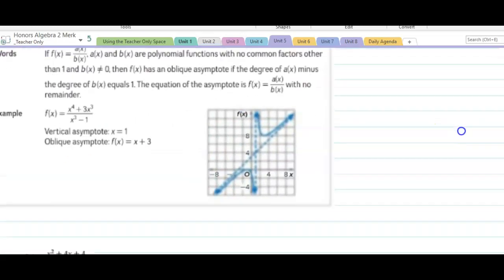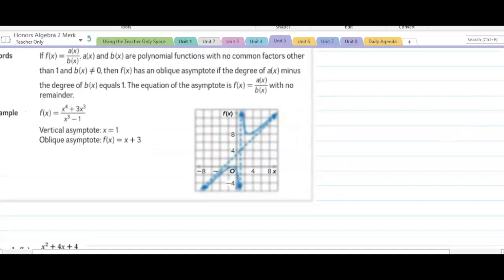So if you think back to when you used to divide polynomials, which has been probably a little while, we're going to take x to the 4th plus 3x cubed. We're going to divide it by x cubed minus 1. So I'm thinking, what times x cubed gives me x to the 4th?